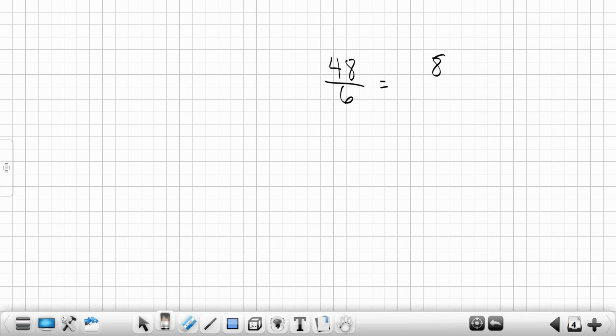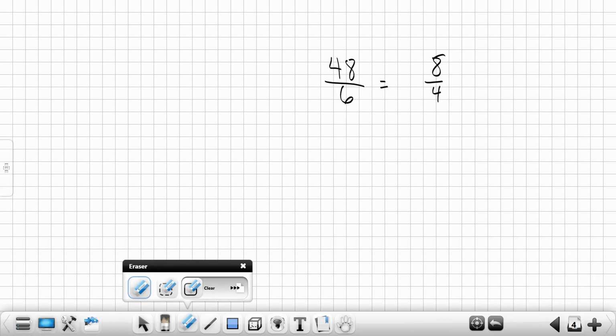Now that I've got 8, I want to figure out what else goes into 48. Well, what goes into 8? 4. Does the fact that I'm using 8 mean 4 doesn't go into 48? No. So I can use the smaller number. It makes my life easier because I know it goes into 8 easier than into 48.